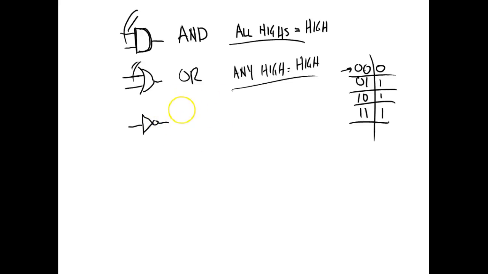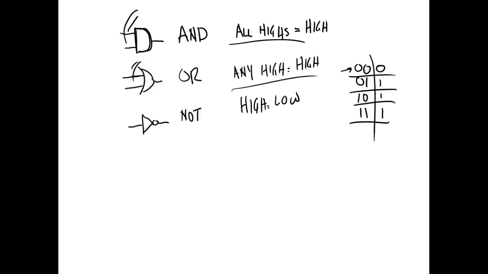So this logic right here is a NOT. What we're looking at is what logic it does. What would I say about this? I'd say high equals a what? No. So we don't say all.